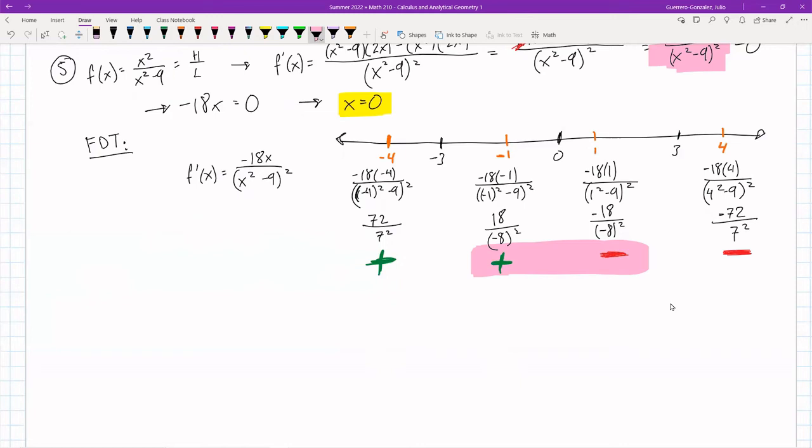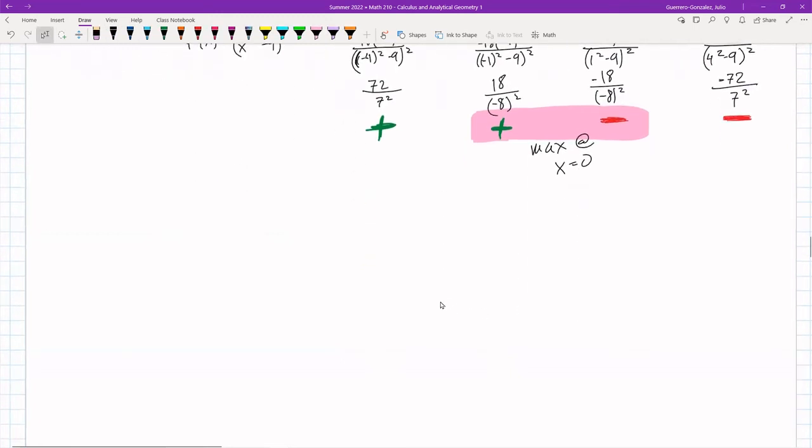There's positives on one side and negatives on the other. We've got a maximum. So this is telling us that there's a max at x equals 0. That's number 5.